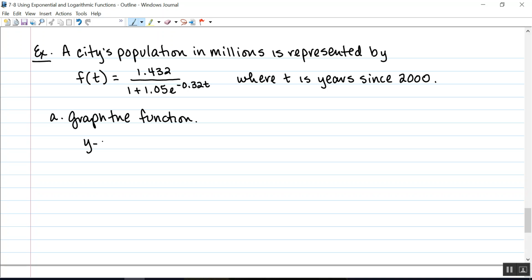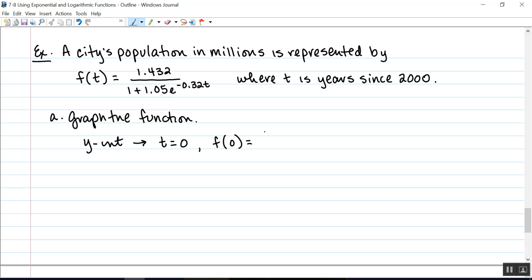The y-intercept, I need to know that, is where t is equal to 0. So what I need is f(0). When I put 0 into this equation for t, that's going to be e raised to the 0 power, which is just 1.